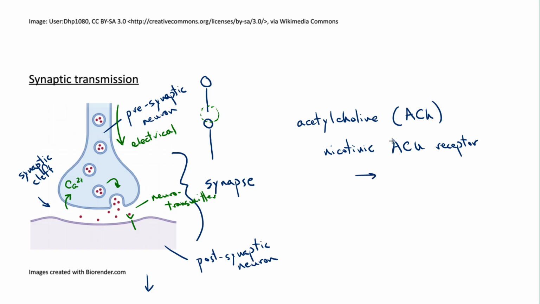And when acetylcholine binds to the nicotinic acetylcholine receptor, that receptor is actually a ligand-gated ion channel, meaning it opens in response to the binding of a ligand, in this case the acetylcholine, and that allows positive ions, cations, into the postsynaptic neuron, which can then cause transmission of an electrical signal in that postsynaptic neuron as well.